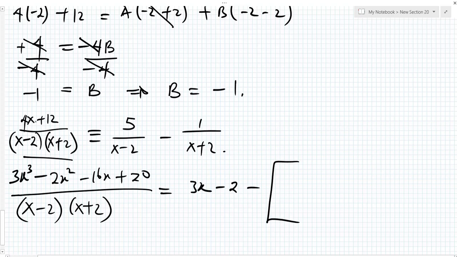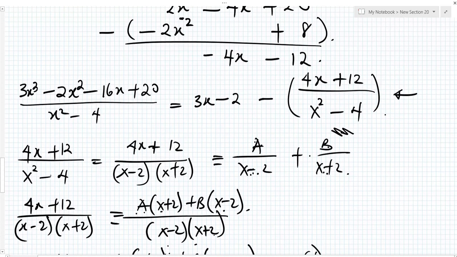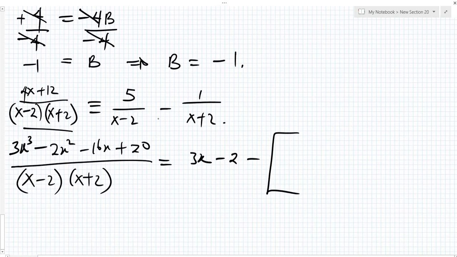So wherever I see this, which is the same thing as this, I replace it with this. So we'll have 5 all over x minus 2 minus 1 all over x plus 2.